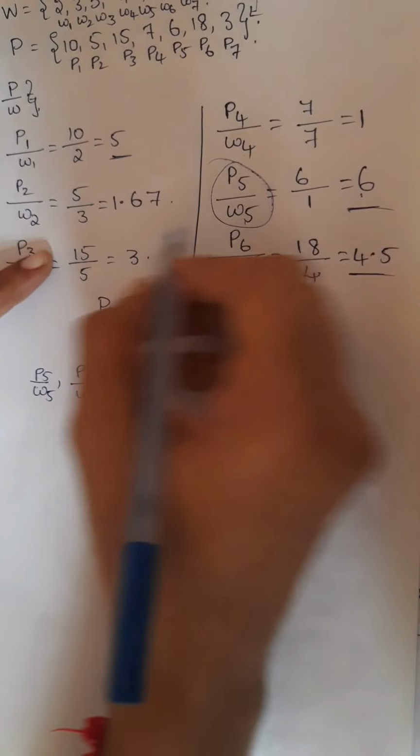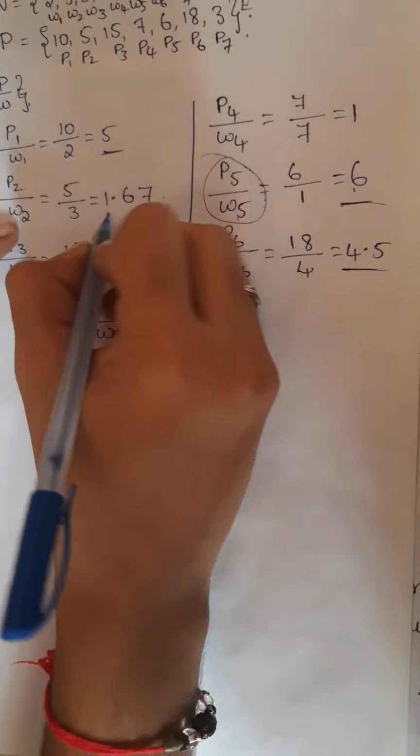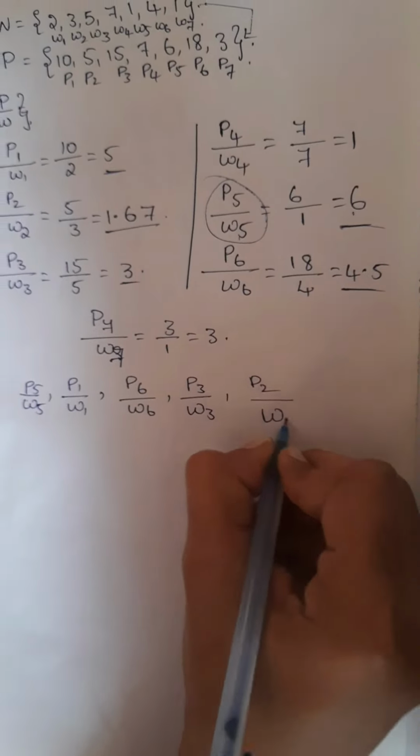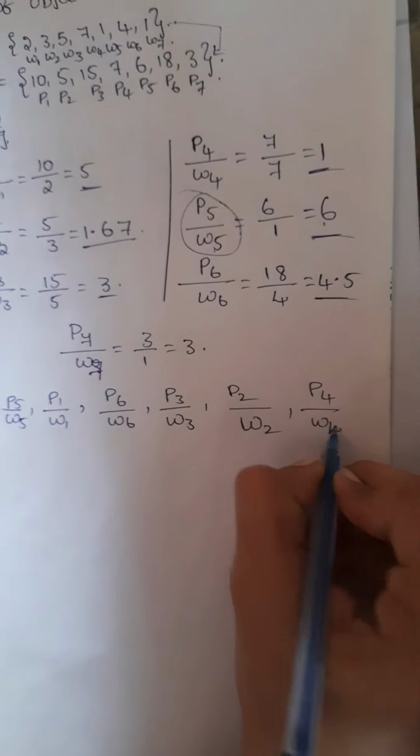So the largest number in these values is 6, so it comes like P5 by W5, and next is 5, which means P1 by W1, and next is 4.5, which is P6 by W6, and next is 3, so P3 by W3, and next is 1.67, so P2 by W2, and next one is 1, so P4 by W4.